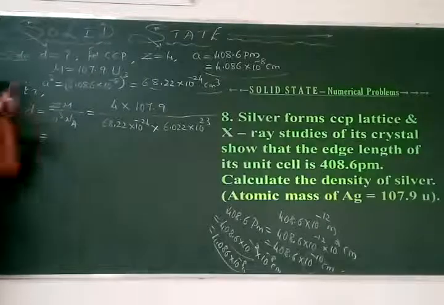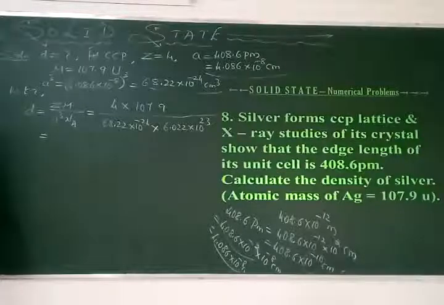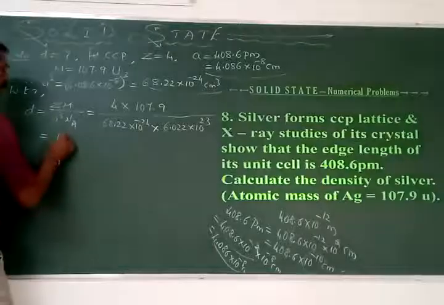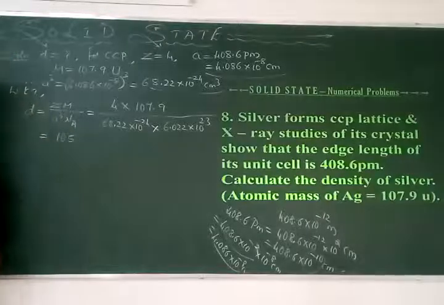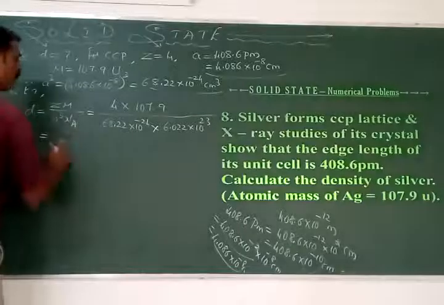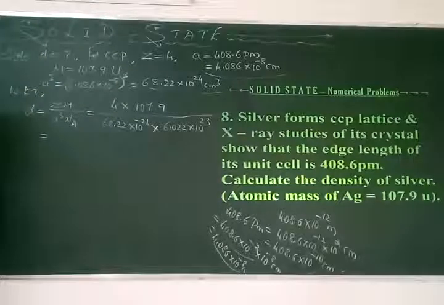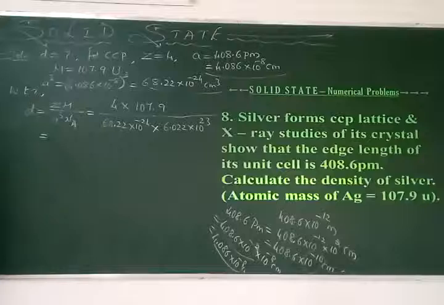Here, if I take the simplification with the help of a calculator, it becomes 105 into 10 to the power of minus 1. I will write the final answer itself. It is 10.5.